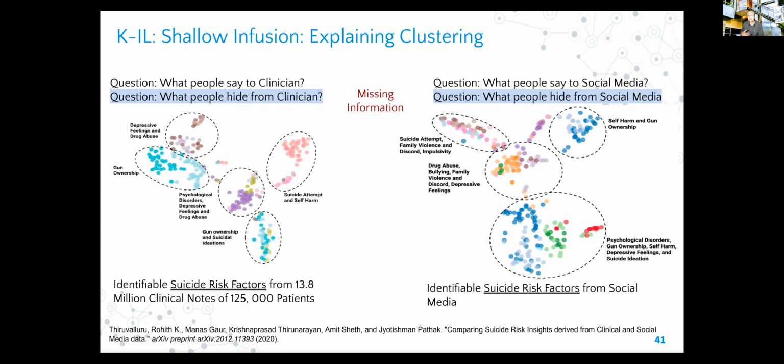Here, you are able to more appropriately characterize these different clusters, and essentially combine what I can find in EMR on the left and what I can find in social media on the right, using a knowledge graph.